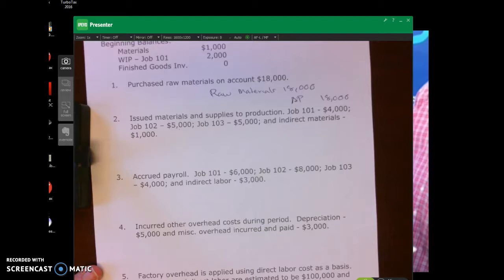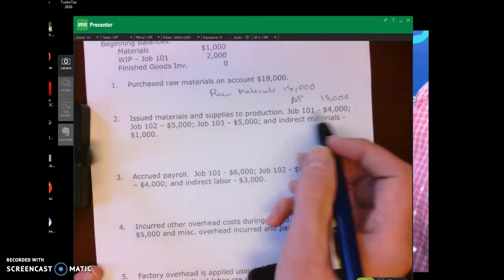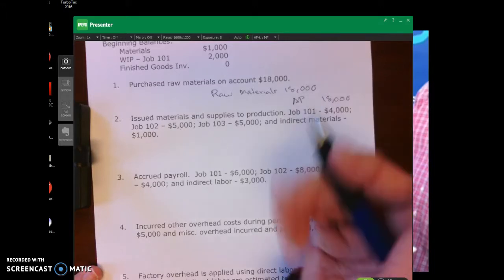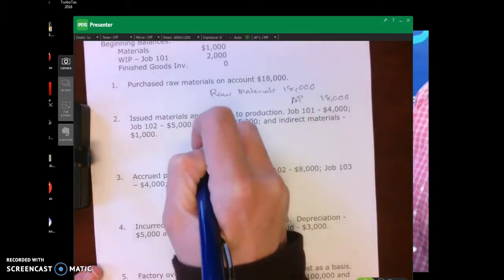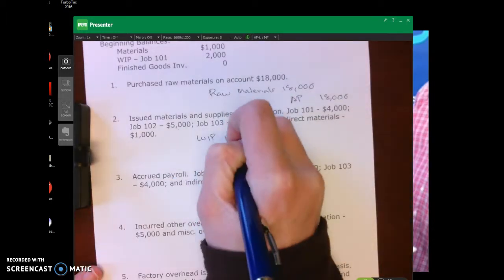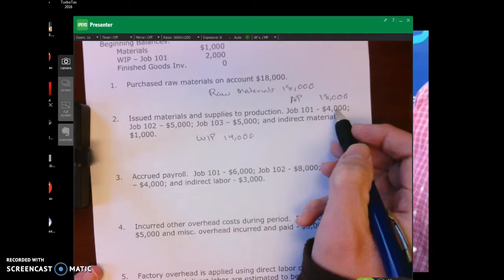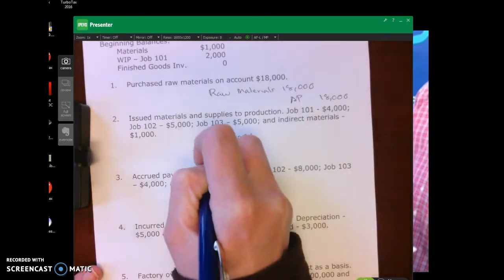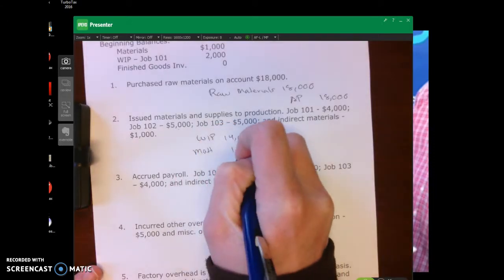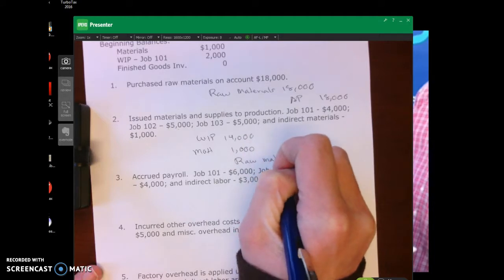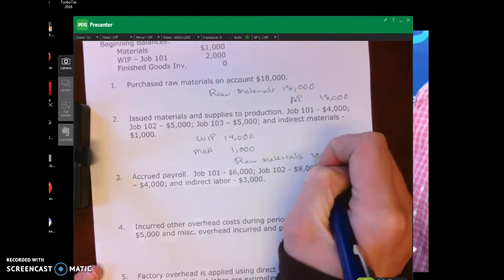It all goes into work in process, and they'll be tracking this on a more detailed level with job cost sheets, similar to manufacturing overhead. Debit WIP for the 4 plus the 5 plus the 5, $14,000. Indirect materials goes to manufacturing overhead, and then I credit raw materials for the summation of the $15,000.